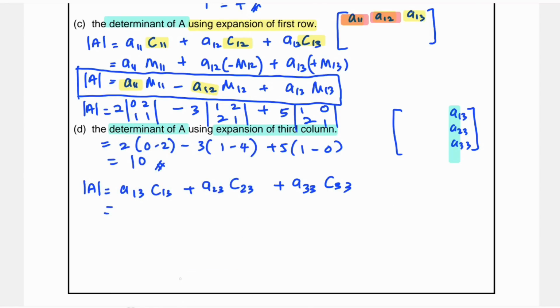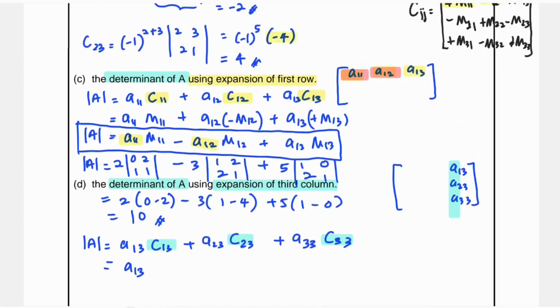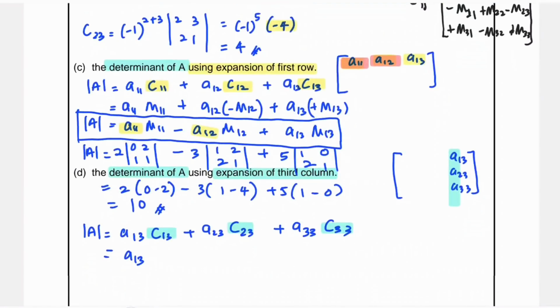Okay, so now focusing on the cofactor. A13 multiplied with the cofactor of 13. The sign of the cofactor of 13 is positive.